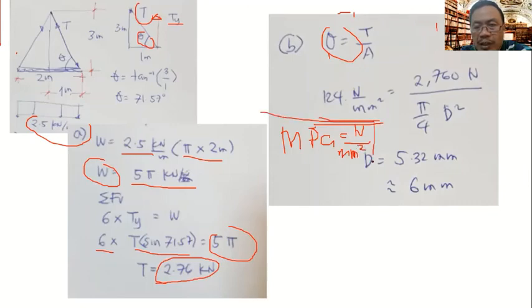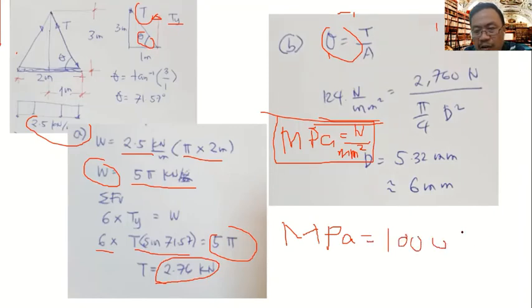Ito lang dapat matatandaan nyo: megapascal or Newton per millimeter squared. O pwede rin, minsan may mga cases, megapascal is equal to 1,000 kilopascal, or 1 kilopascal is 1,000 pascal. Okay? So we can compute now using this formula.